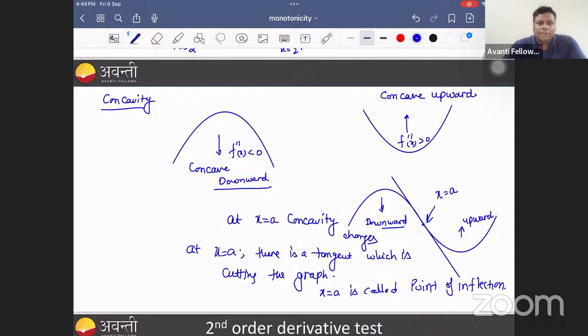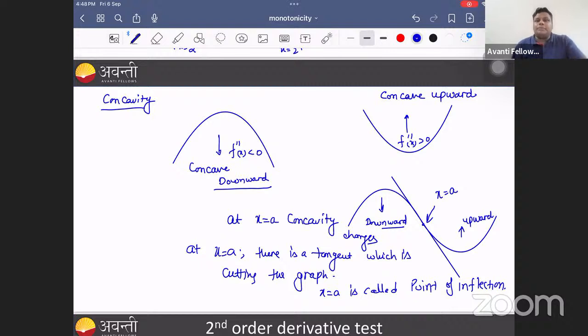Got it? So basically, a point of inflection is a point where the tangent cuts the graph, meaning the function is derivable. Now sometimes there is a possibility that it is not derivable.